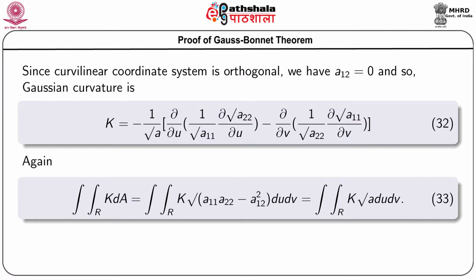And again, the double integration of k dA over the region R, where dA means root of A11 A22 minus A12 squared du dv, is actually k root a du dv.